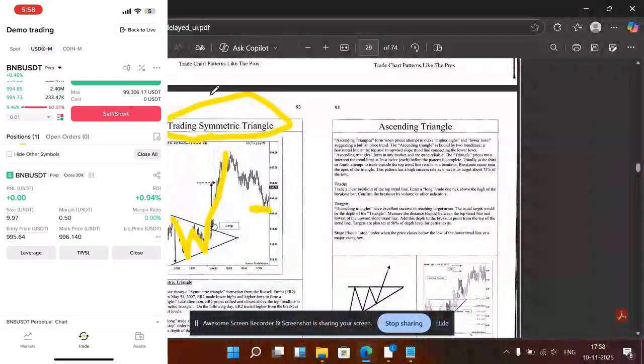But now there is a crucial thing to look at. Always we have to look at the origin of the pattern, which is from here. Upward movement, downward movement, upward, downward. So this is a bullish continuation pattern.